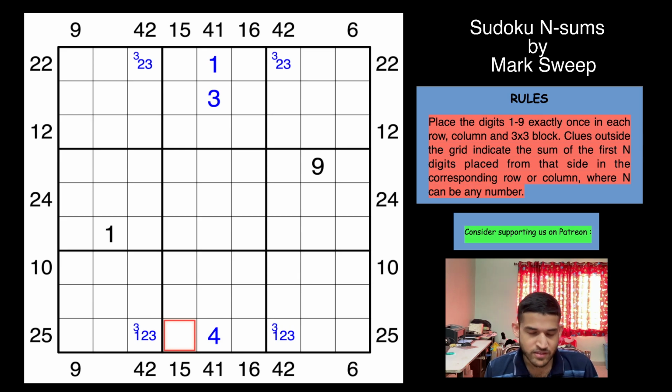Okay, the next thing that immediately follows is, when you know that these 6 cells add up to 25, what do these 3 cells add up to? It's clear, right? They must add up to 20, because in any row, column, or box of a Sudoku, the digits sum up to 45. The only way to get 20 here is by putting a 3 here and an 8 and a 9 here.